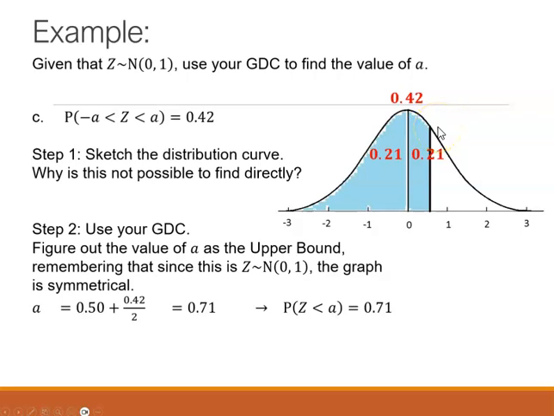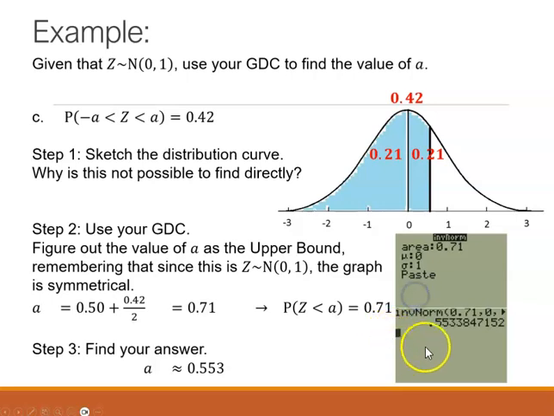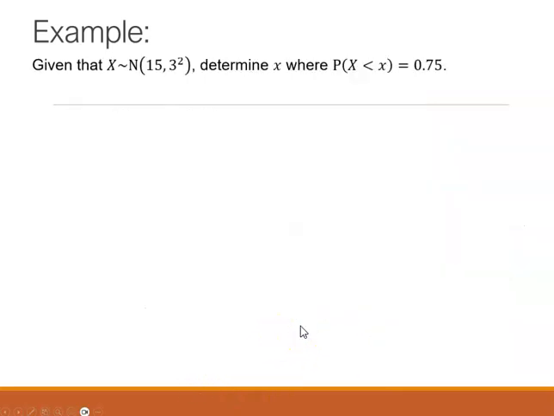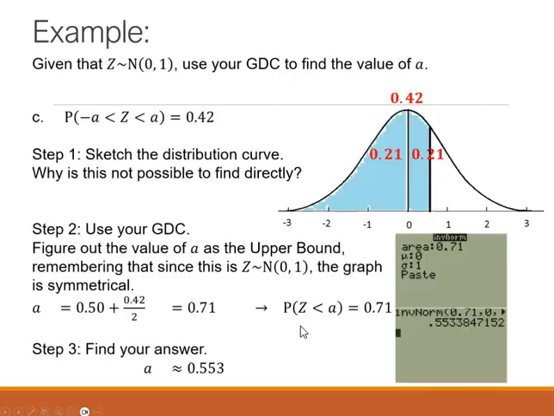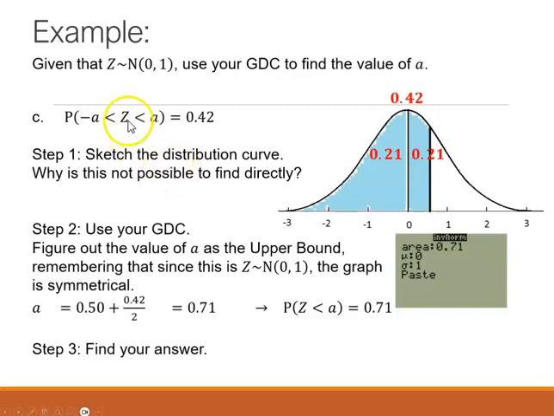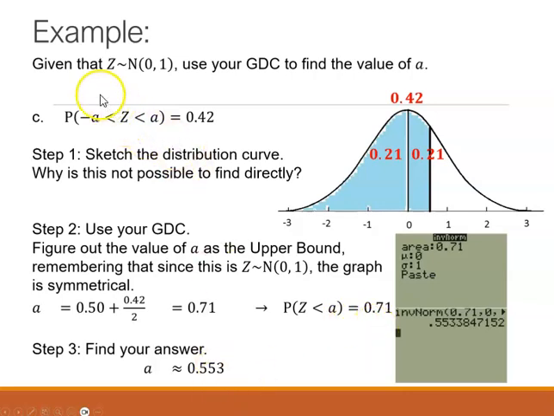Is everybody okay with that? So that's 0.553. Because it's negative a to a, if I found positive a as 0.553, I know that's negative 0.553, right?